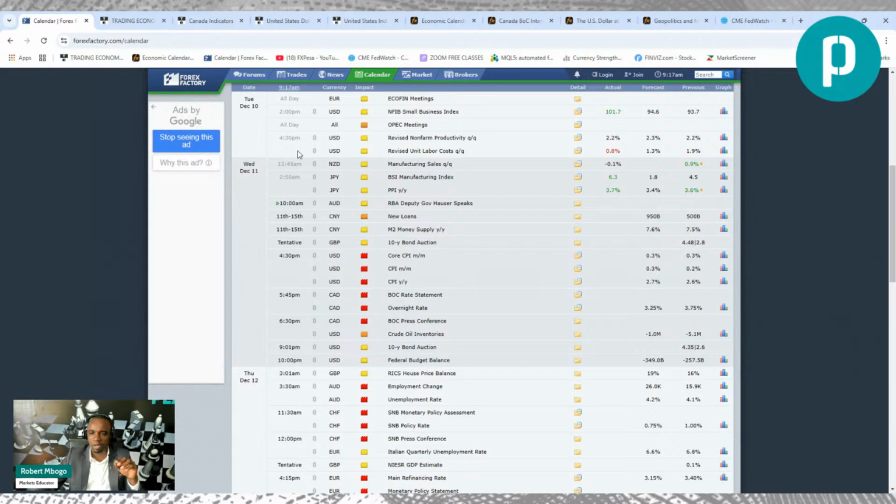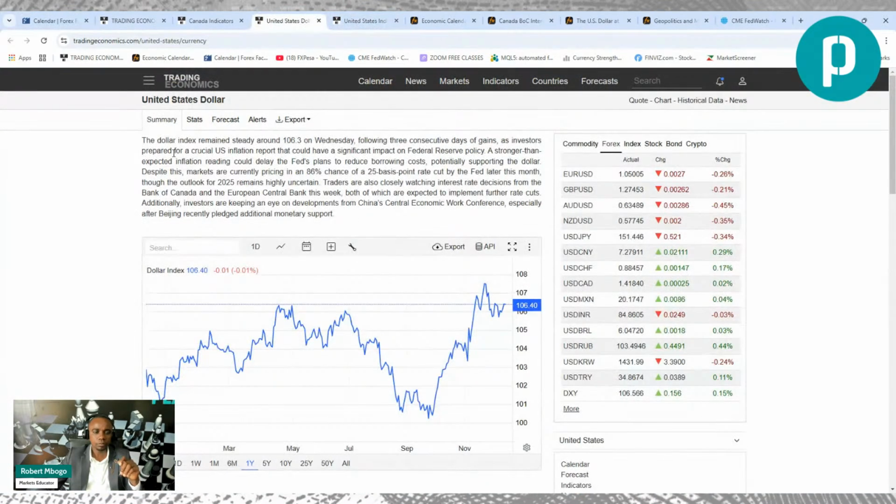If you look at some data I was going through here, the dollar index, which measures a basket of currencies, remained steady around 106 on Wednesday, following three consecutive days of gains as investors prepared for the crucial US inflation report. This tells you investors are waiting for this report, which could have a significant impact on Fed Reserve policy.